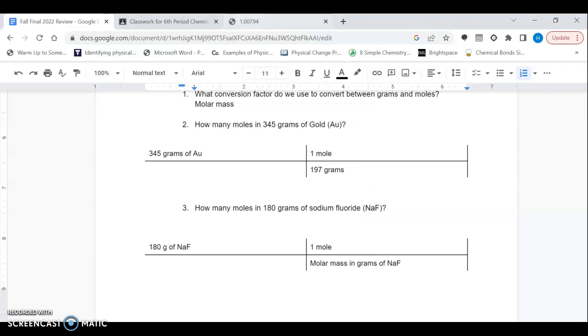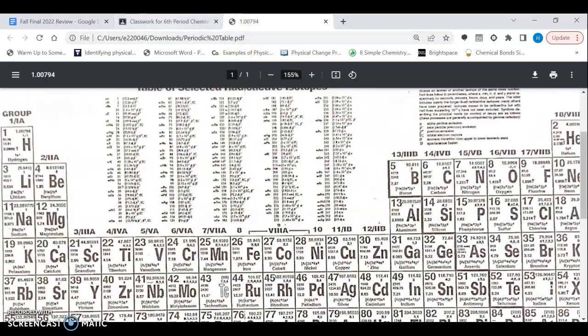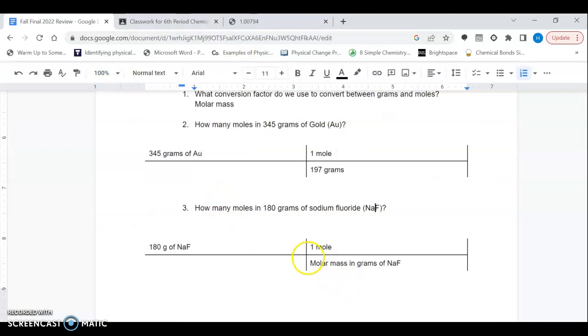So 23 plus 19 is going to give us 42 grams for sodium fluoride. 42 grams of sodium fluoride is 1 mole of sodium fluoride. Great. 180 times 1 divided by 42 is going to tell us how many moles.